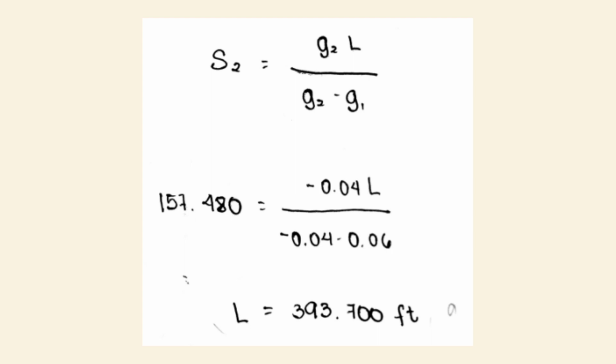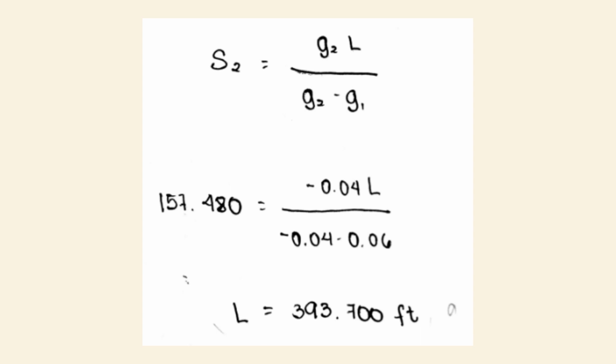Using the same formula as before, it is S sub 2 equals G sub 2 L over G sub 2 minus G sub 1. Substituting values, we have 157.480 is equal to negative 0.04L over negative 0.04 minus 0.06.